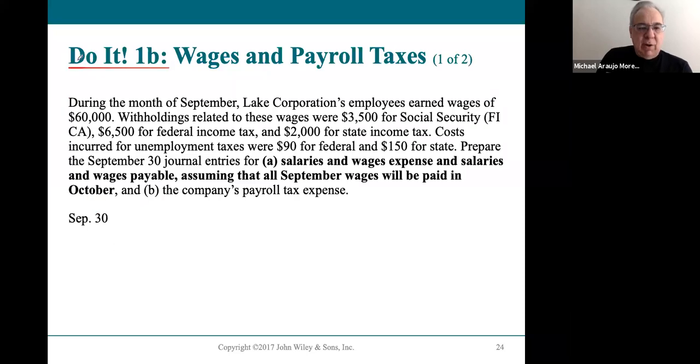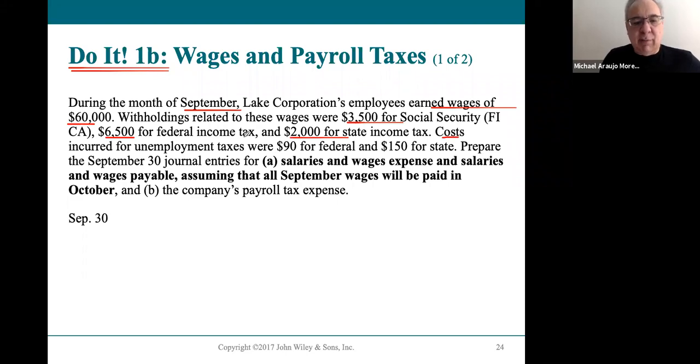All right, and so we finish learning objective 1 on this wonderful note of wage and payroll taxes. So here's the month of September. Lake Corporation's employees earned wages of $60,000. They had $3,500 in withholding for Social Security, $6,500 in withholding for federal income tax, $2,000 of withholding for state income tax.